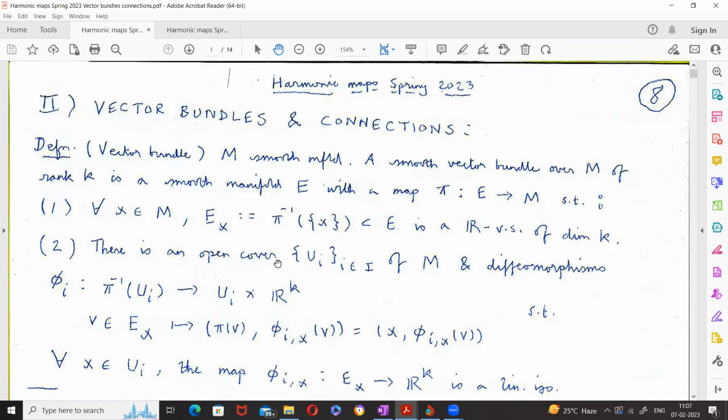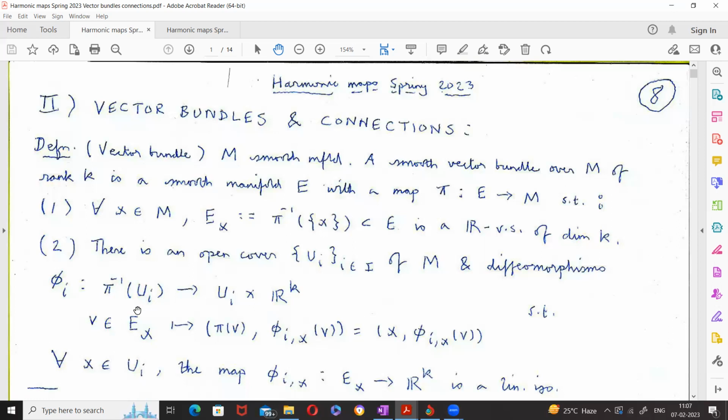So that means there is an open cover U_i of M and diffeomorphisms phi_i from pi inverse of U_i to U_i cross R^k, which sends fibers of the projection here to fibers of the projection onto the second coordinate here.